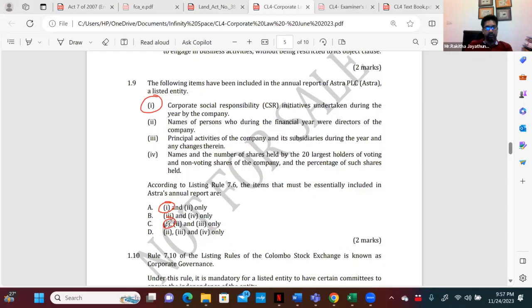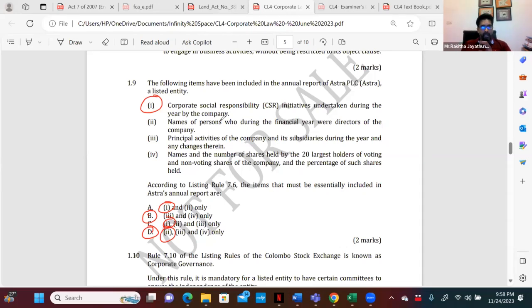Therefore, those two are out. So you have to pick the correct answer from B and D. D has Roman 2, but B doesn't have Roman 2. Names of persons who during the financial year were directors of the company: if you add a little bit of common sense, you should know it is important information. Therefore, 2 should also be there.